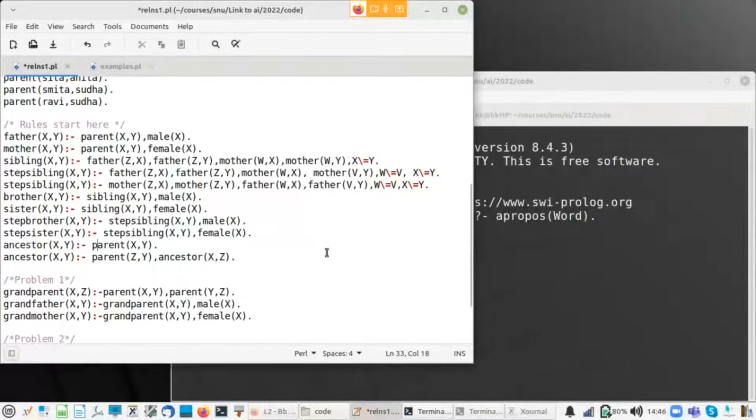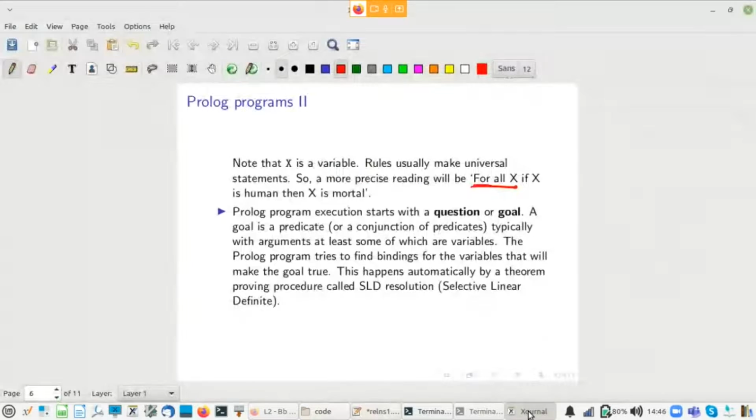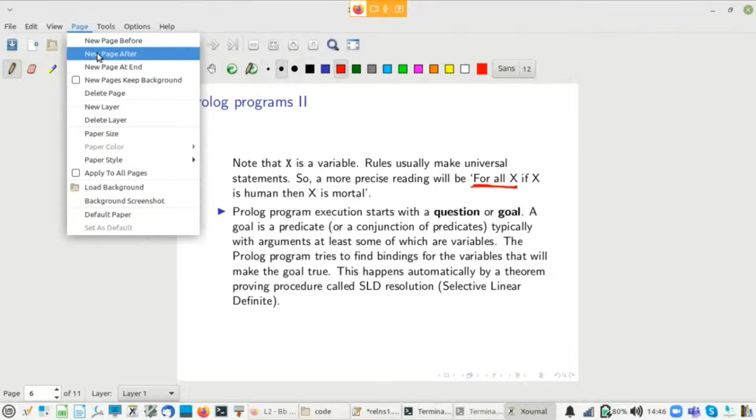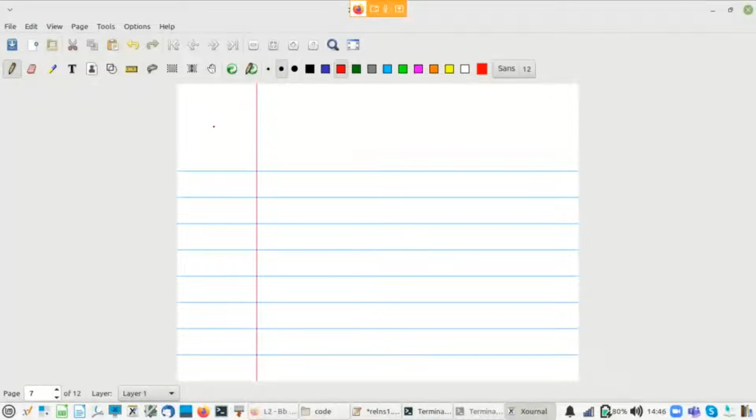If you look at it from a diagrammatic point of view, let us create some. Let's say you have X here and you have such relations here.